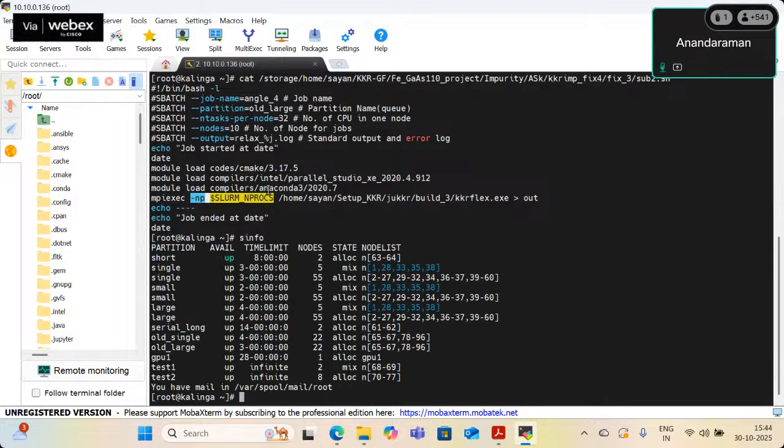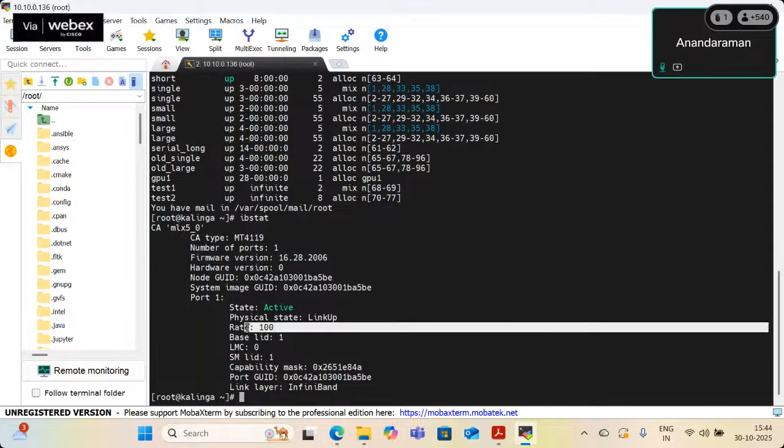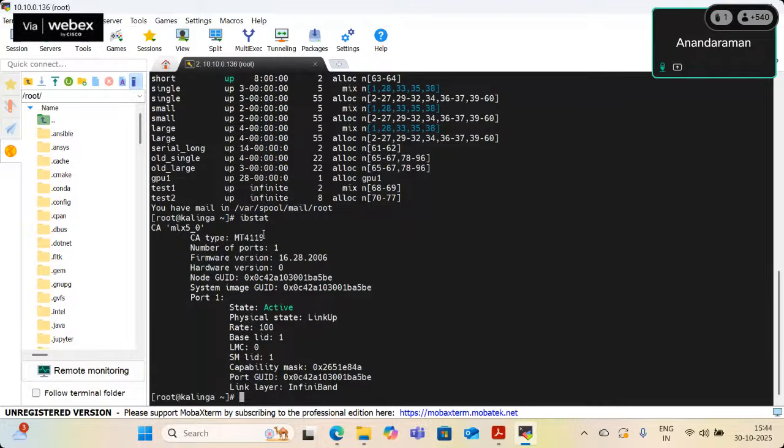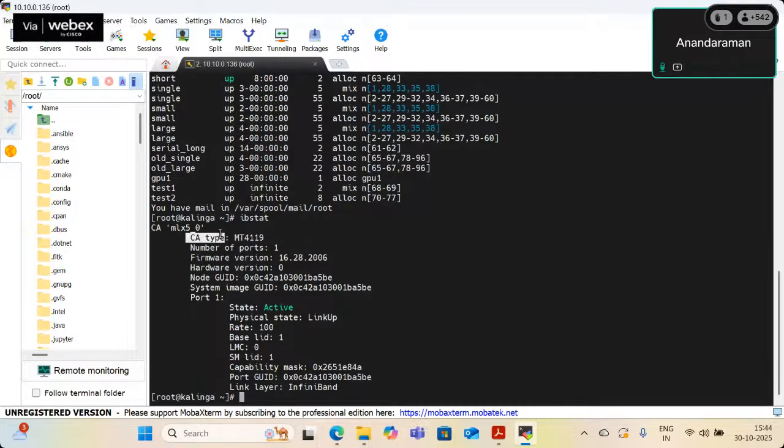Okay, then network. This is the network we are using, that is EDR 100 Gbps network. The MT4119 is the host channel adapter card, that is the RDMA enabled NIC, network interface card.